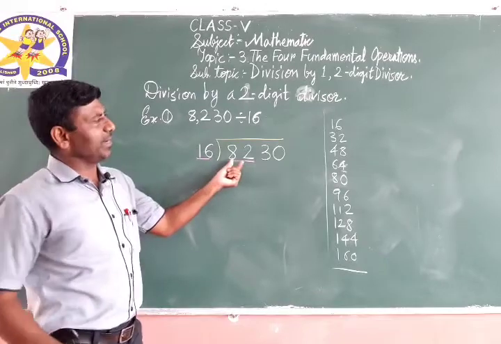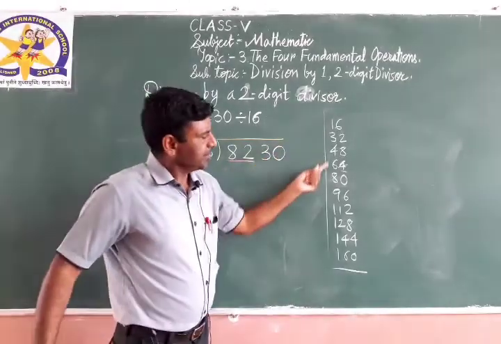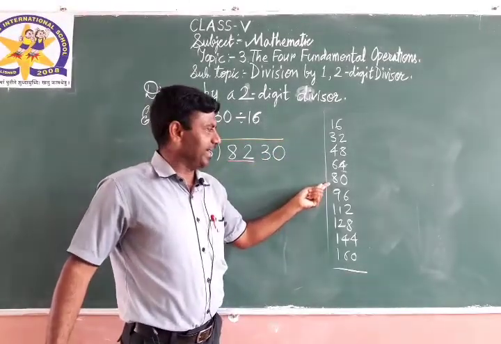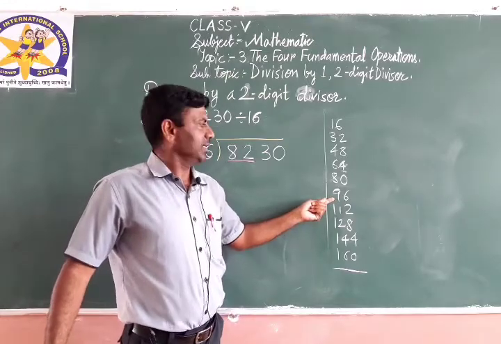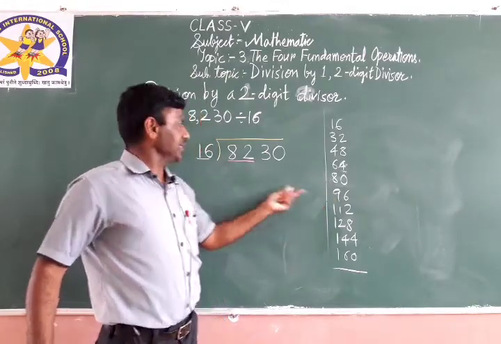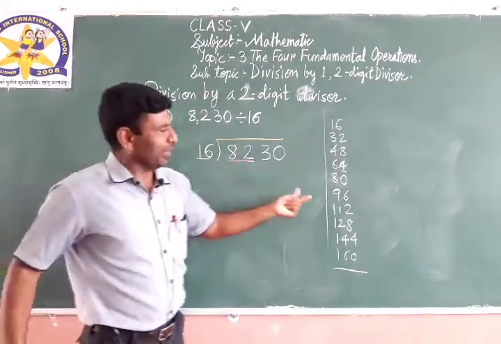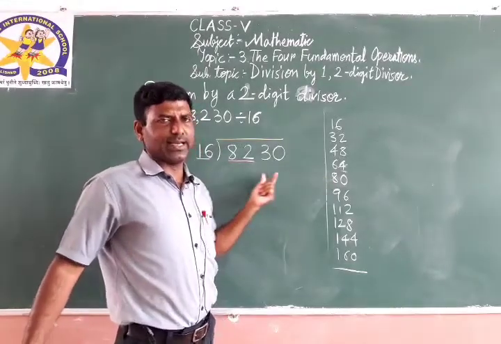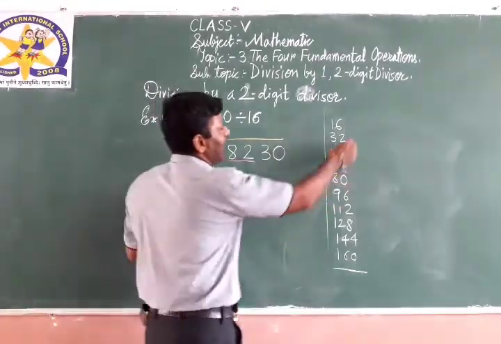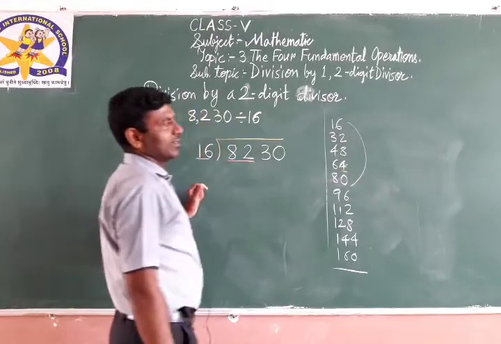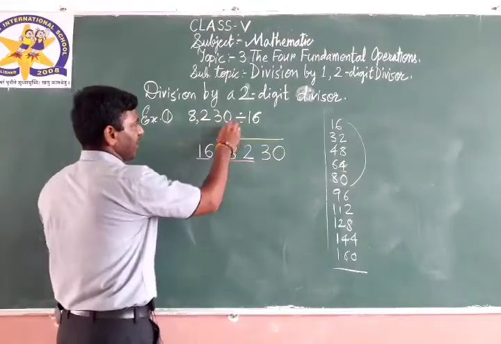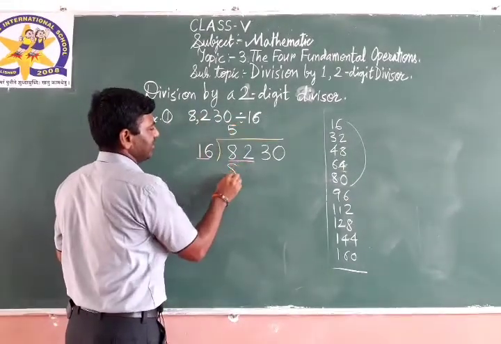Now in the 16 table, is 82 there? No. 80 is there and then 96. So 96 is greater than 82. So we need 80. 80 is less than 82. So 16 times what is 80? 16 5s are 80.